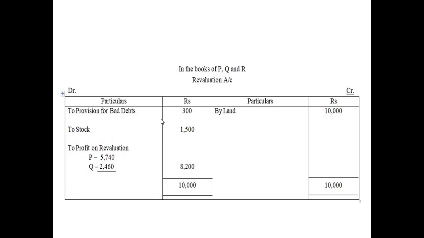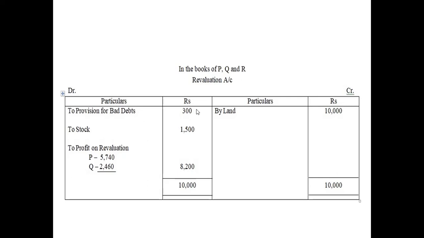So we have to calculate 5% of the stock, which is 30,000. So 30,000 into 5% will be 1,500. The stock is an asset and the asset is decreasing, so we put it in the debit column. The amount is 1,500.